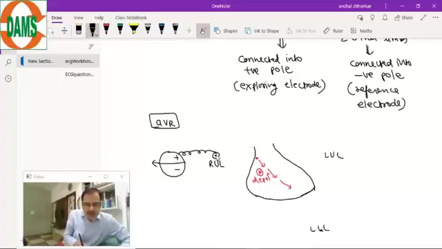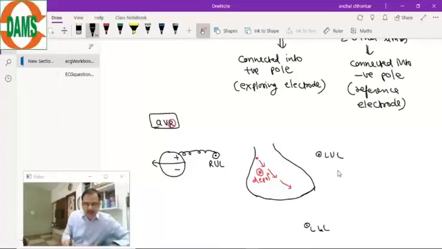Now the right upper limb will go to the positive pole, therefore the name is written as R. R is the exploring electrode, that is the right upper limb. Now we take the combination of the two remaining limbs: left upper limb and left lower leg. So what we do, listen carefully and understand the diagram carefully.